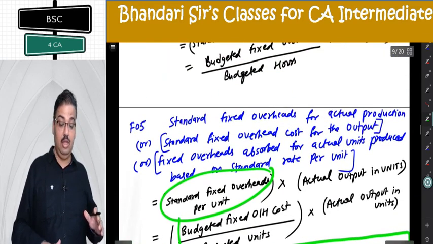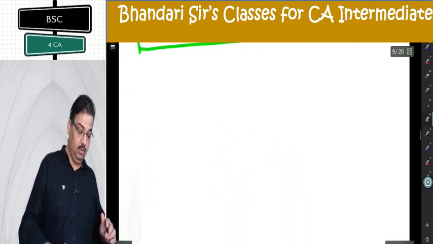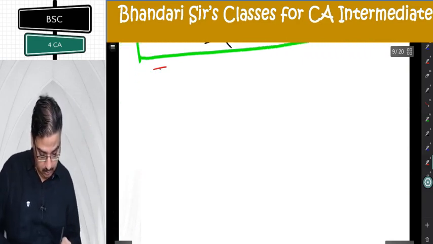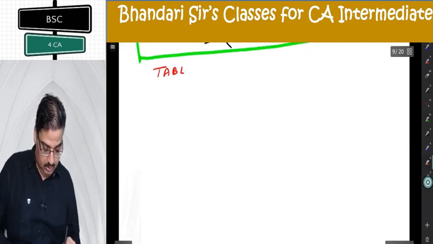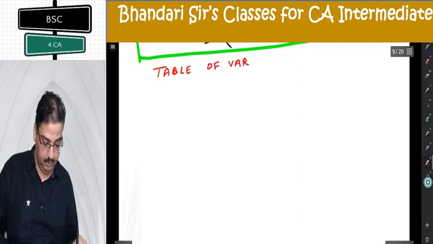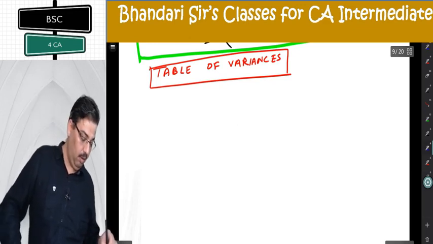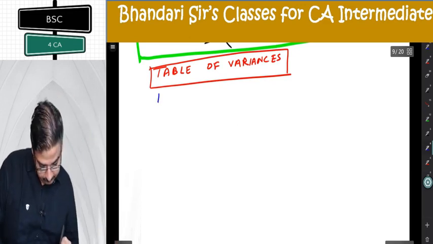Now having got these 5 steps, what do I do? I make a table of variances.